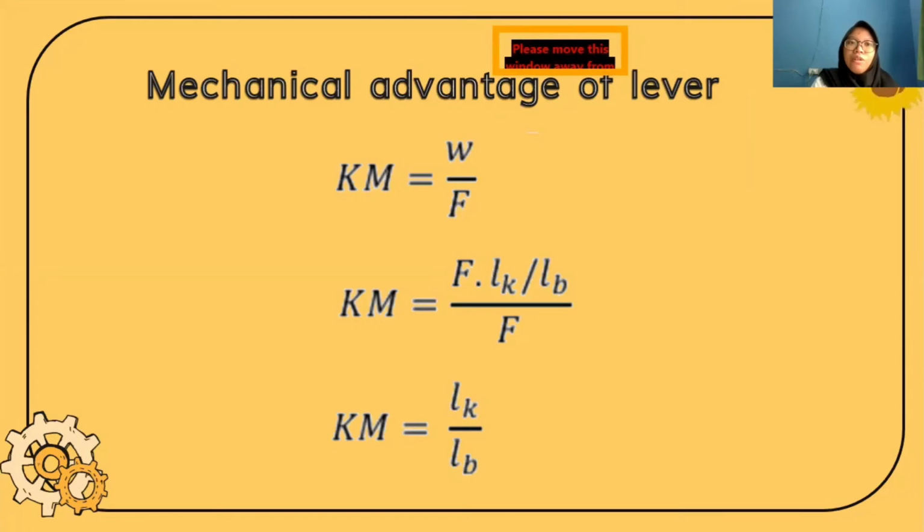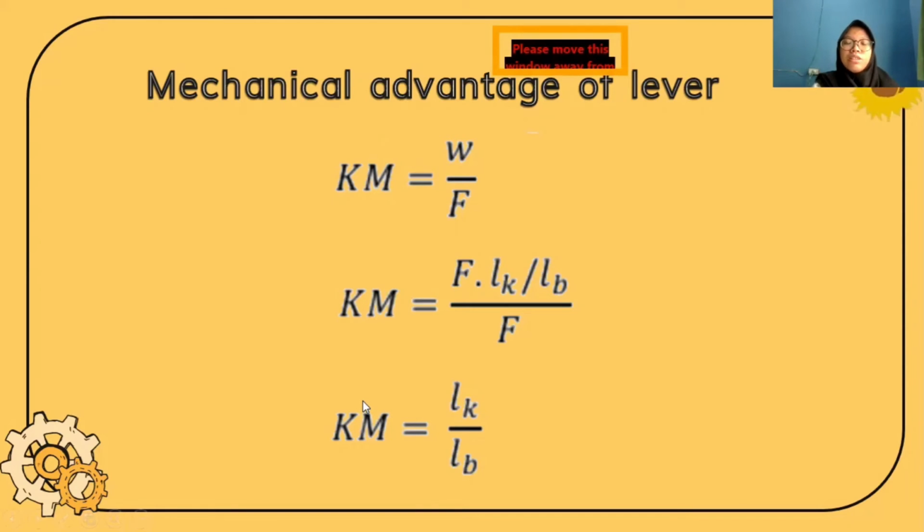Simply said, if you want a bigger output force, you need a bigger mechanical advantage. Mechanical advantage is equal to weight or load divided by the force or effort. So the load is directly proportional to the mechanical advantage. If you want a bigger mechanical advantage, you need a bigger weight. So in this case, we use a bigger stone as a load.